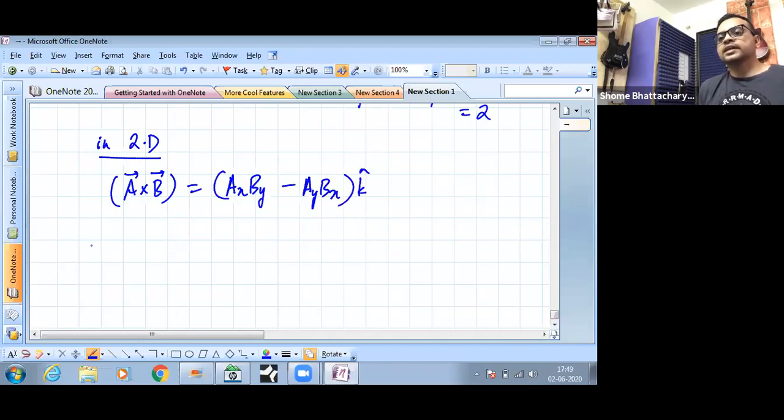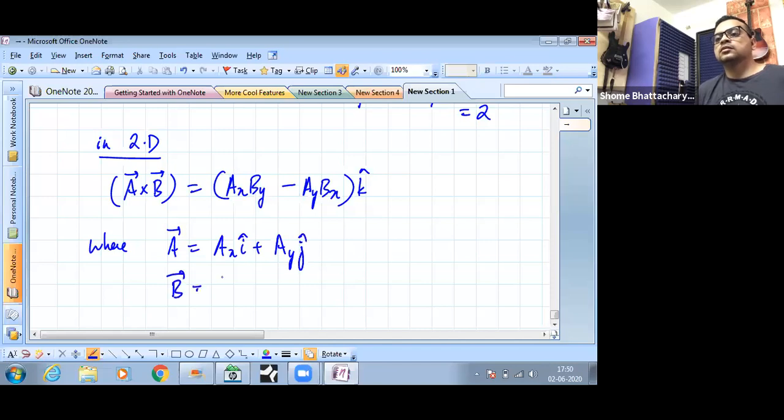So we can also write that the vector A is, and the vector B is Bx i cap plus By j cap.